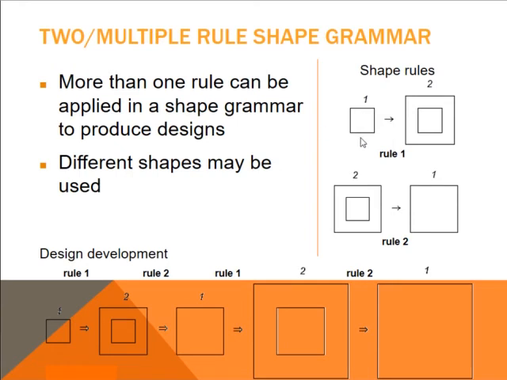But after you have applied the rule again and again, it becomes bigger, but you can still apply the same rules, okay, to the bigger square. Okay, so now the size here is different from here, but because it is a square similar to this, you can still apply rule number one, right?